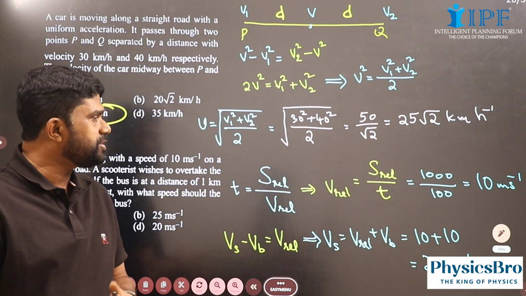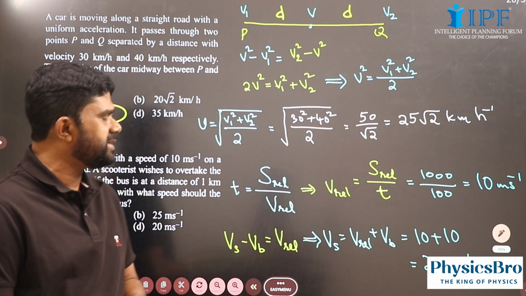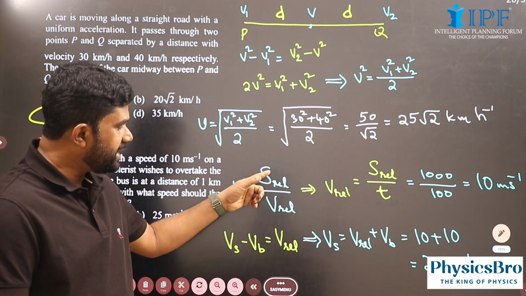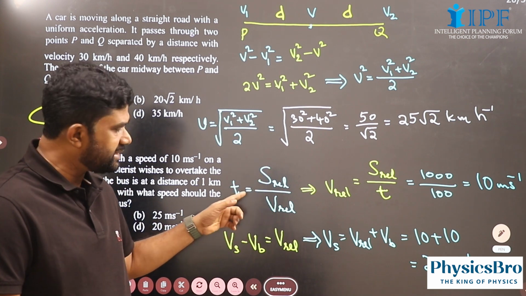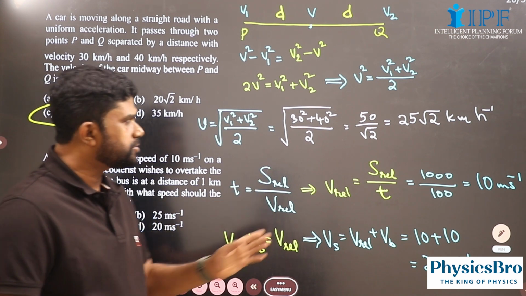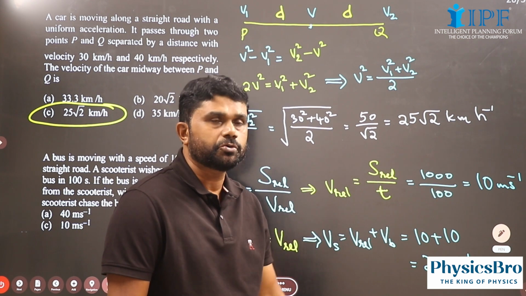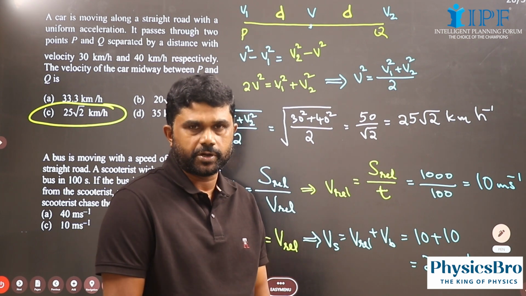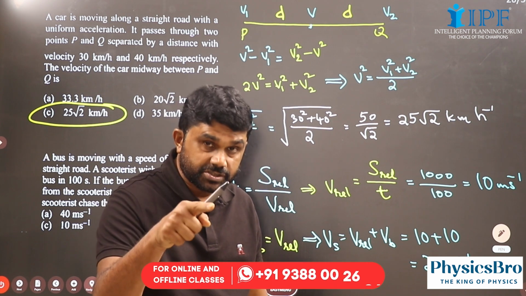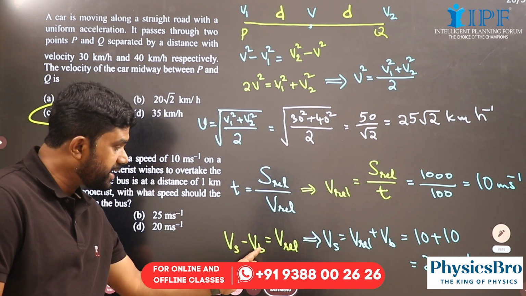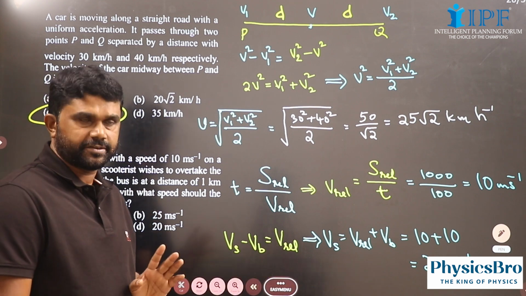And the relative velocity, suppose it is v relative. So relative displacement by relative velocity will be equal to time. So relative velocity will be relative displacement divided by time, and that is equal to 10 meter per second. Relative velocity of scooterist with respect to bus. See, velocity of scooterist minus velocity of bus is equal to relative velocity.